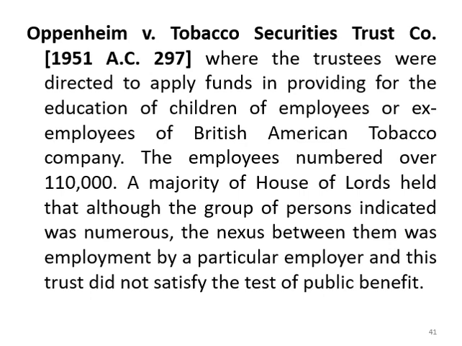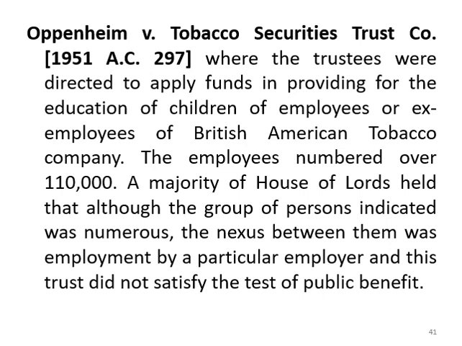Therefore, whether the trust is created for a small group of persons or a large number of people doesn't matter. It is immaterial. But we must see whether it can be said to be the general public or a section of the general public.